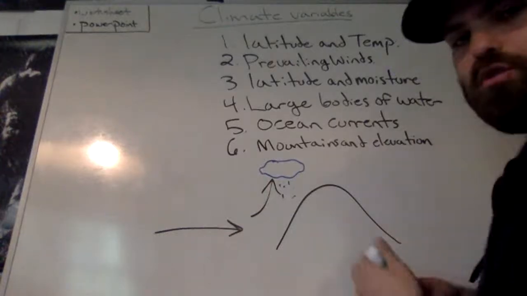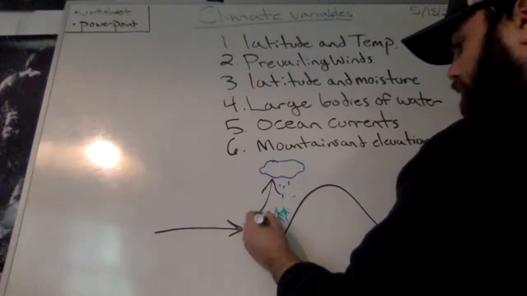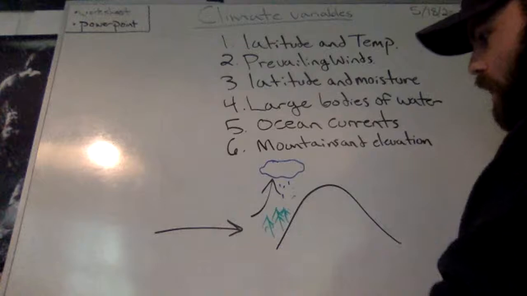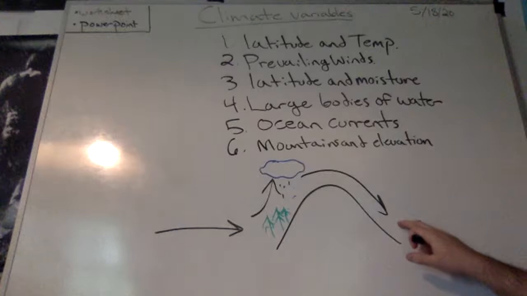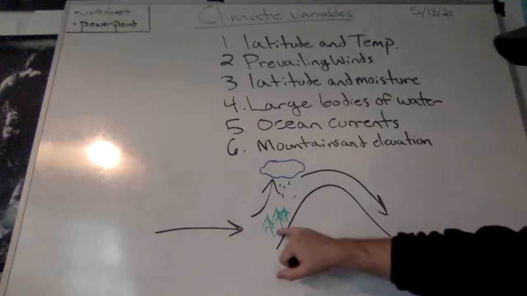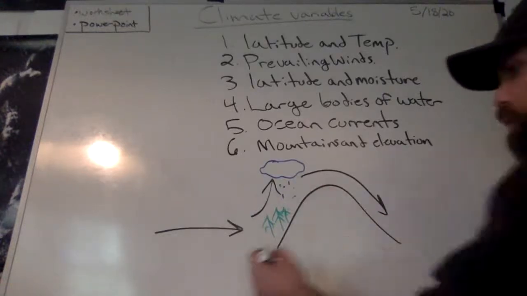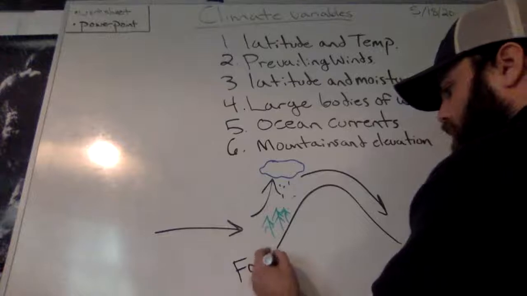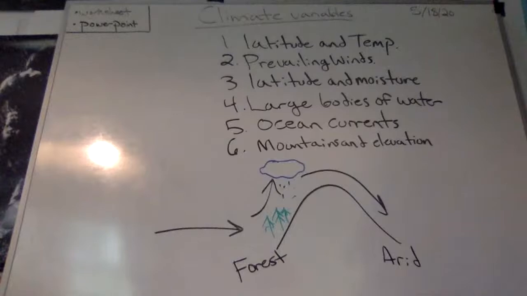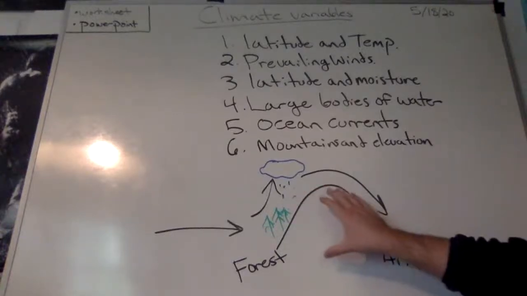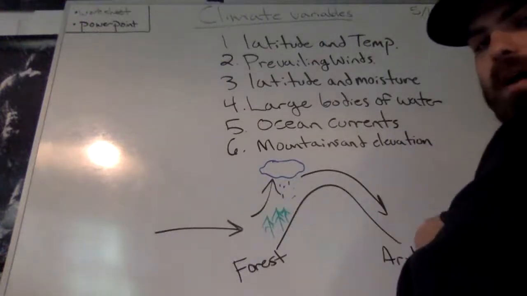And this is why you usually get forest on one side, okay? And then when that wind finally gets above the mountain and comes down, you get drier air. So there's not going to be any vegetation, which basically means plant life, on the other side. So one side of the mountain could be your forest, and on the other side could be very arid, all right? Not much vegetation. So that's how mountains can affect the climate. You could have one side where it's nice and you have plant life. On the other side, you can have nothing.